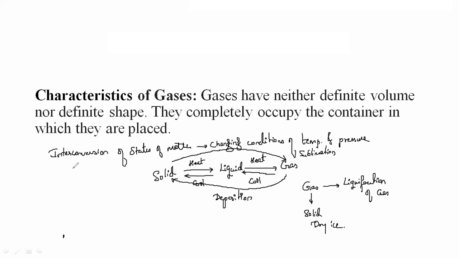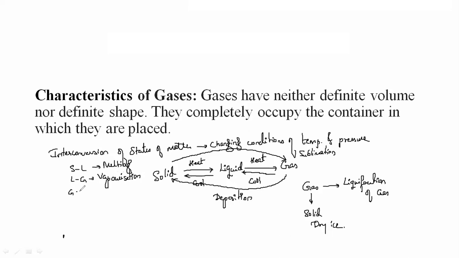Yes, so there are these terms. Solid to liquid, we call it melting, or you can call it fusion. Then liquid to gas, we call it vaporization. If it is a natural phenomenon, we call it evaporation.